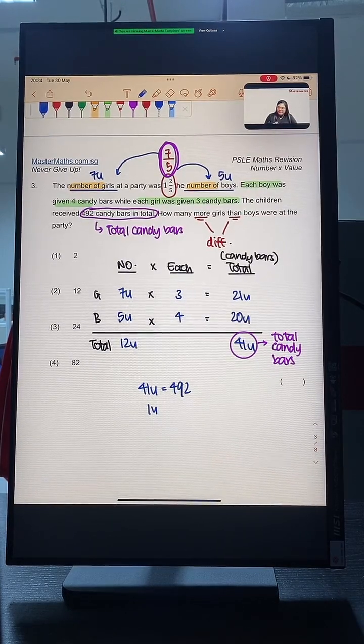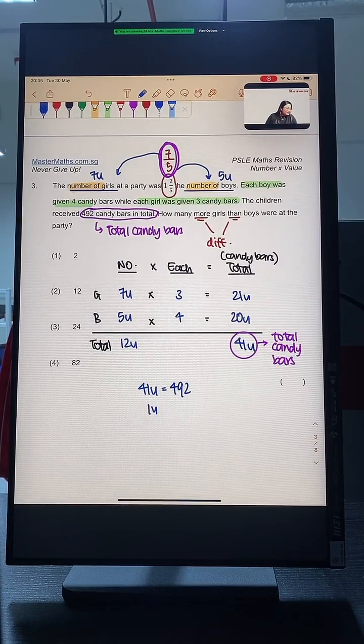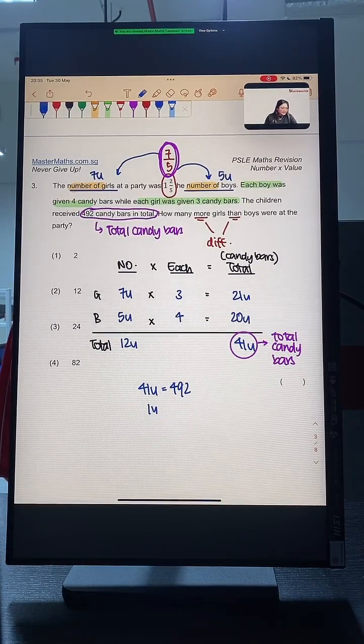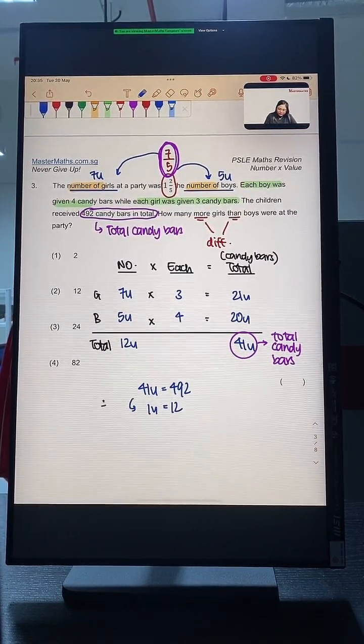So what is 1 unit, guys? 492 divided by 41. Did we all get 12? I see more of you getting the understanding of this concept. Great job. Alright, so 1 unit is 12. Those of you who don't know how to find 1 unit, we just divide 41 throughout.